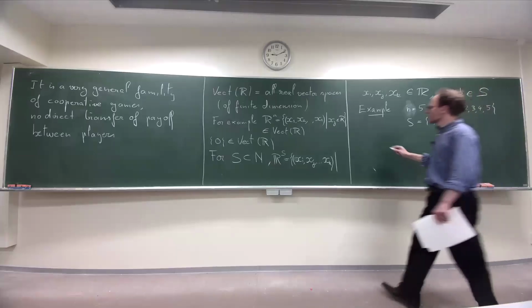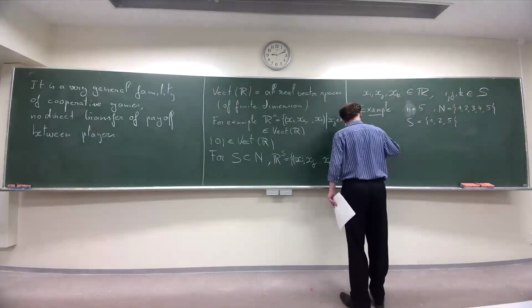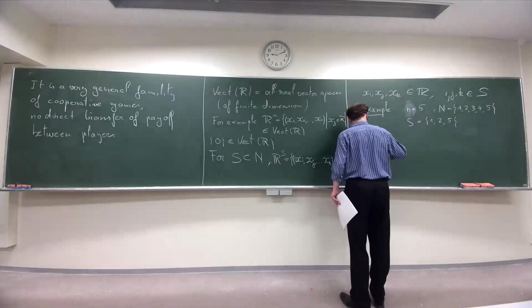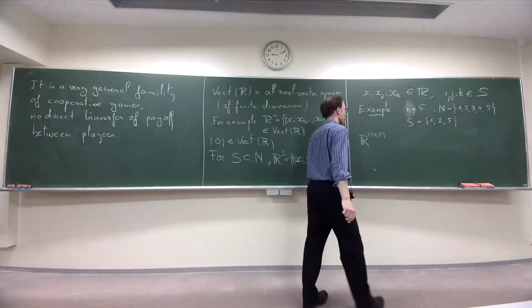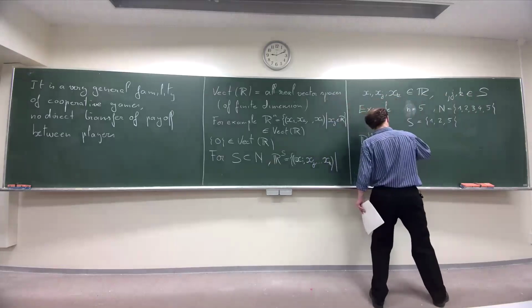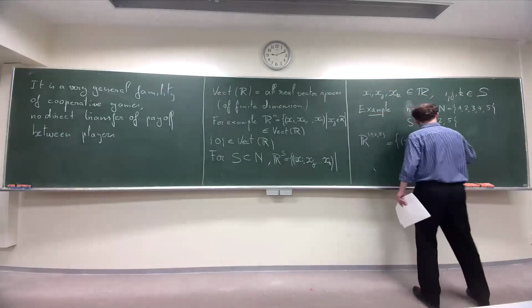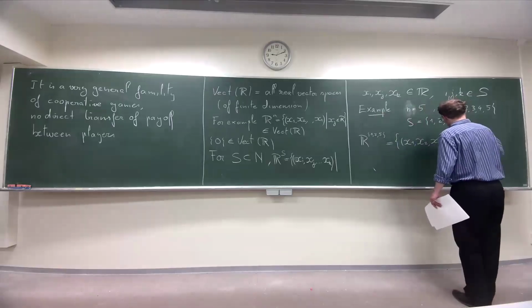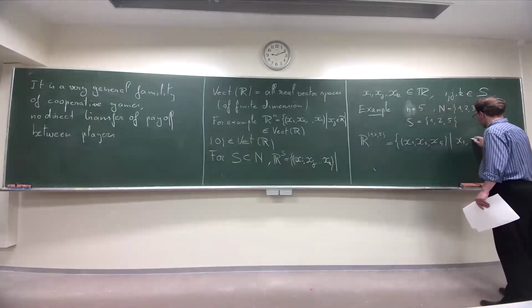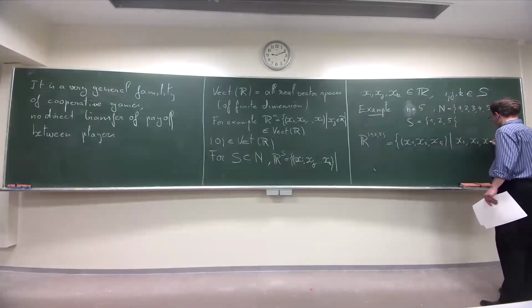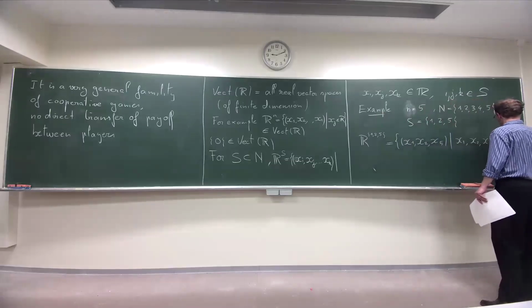So I'm going to define R with the set {1, 2, 5} simply as the set of (x1, x2, x5) with x1, x2, and x5 all real numbers.